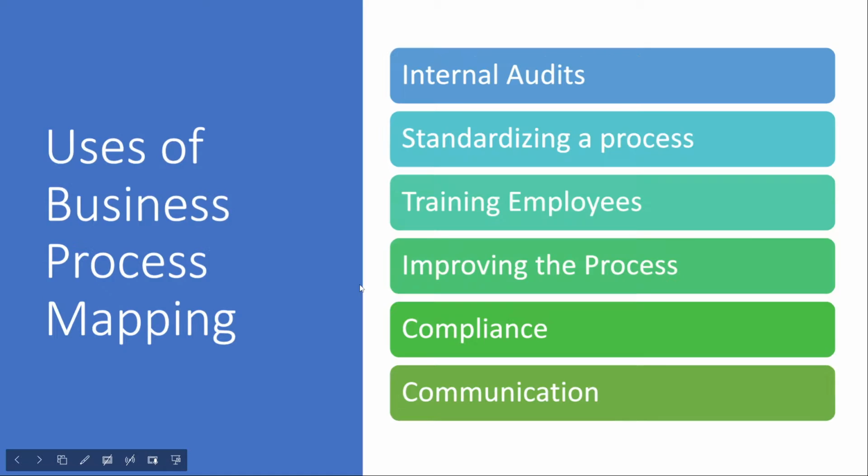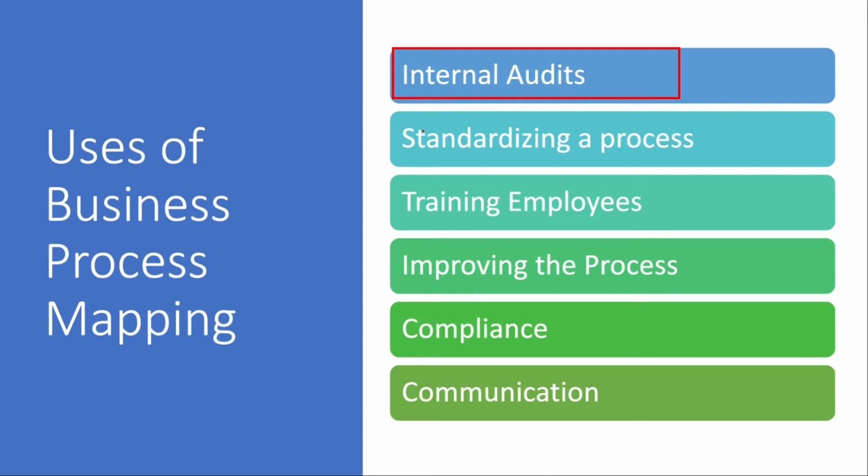Let us move to the next step and see what the uses of processes are. Once you have the business process mapped and visualized, and the process is documented, how will it help us? It will help us to do internal audits in a more efficient and better way.